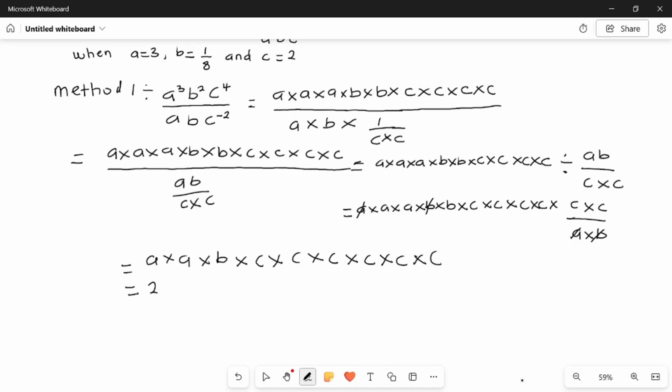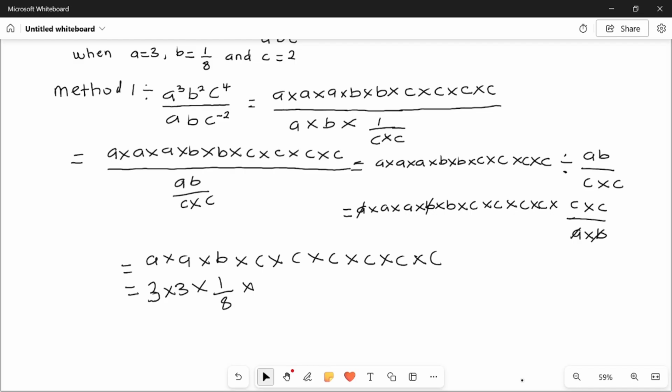A is 3, right? 3 times 3 times 1/8 times 2, because C is equals to 2, times 2 times 2 times 2, and finally times 2.